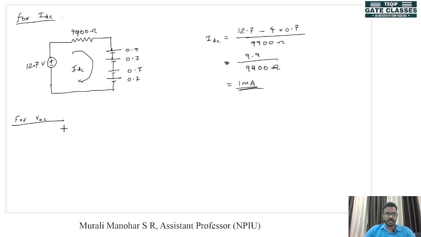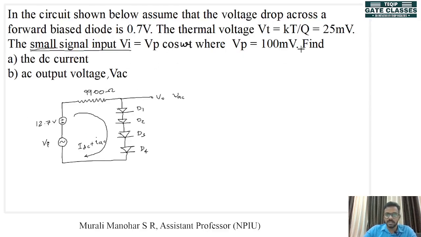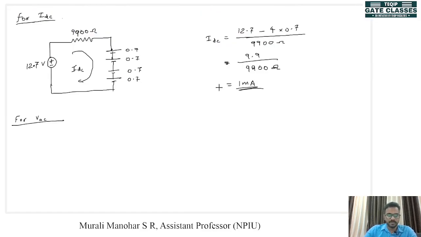Before we find out VAC, we need to find out the average AC resistance of our diode. To find that out, we have already gotten Vt, which is kT by q, and that is equal to 25 millivolt.